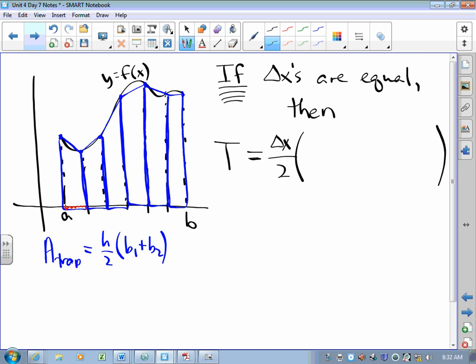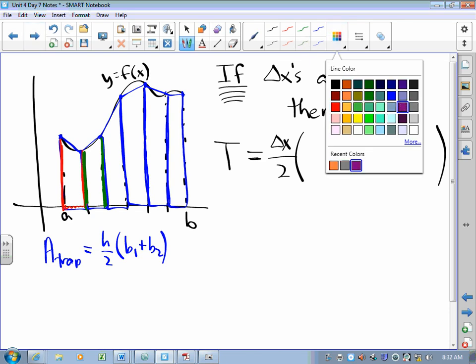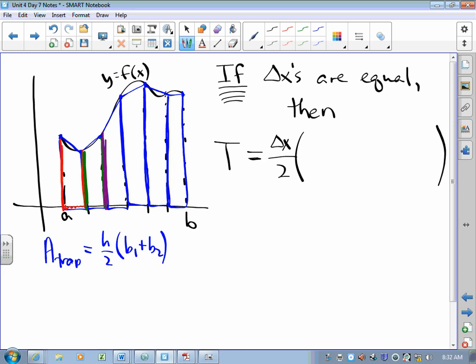So the height of the trapezoid would be delta x for every trapezoid. Then, what are the bases of the first trapezoid? The bases of the first trapezoid are this y value and this y value. What are the bases of the second trapezoid? This y value and this y value. What are the bases of the third trapezoid? This y value and this y value.